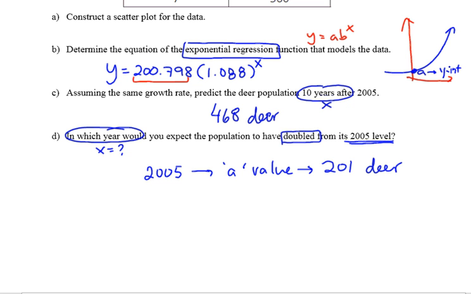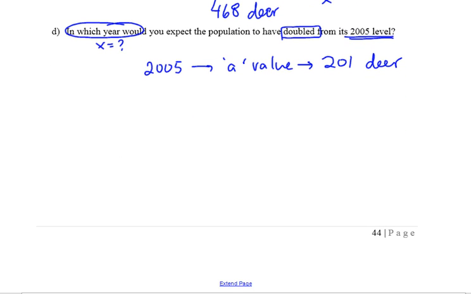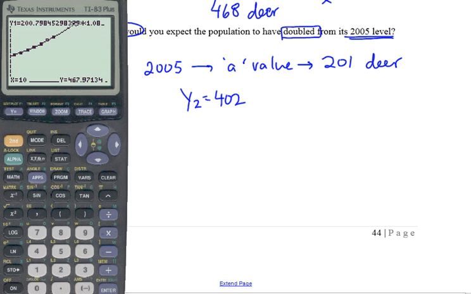Pretty accurate. So we want to find when it's doubled. How much would be double? 402. So is X equal to 402 or is Y equal to 402? Y2 is 402. Good old calculator.